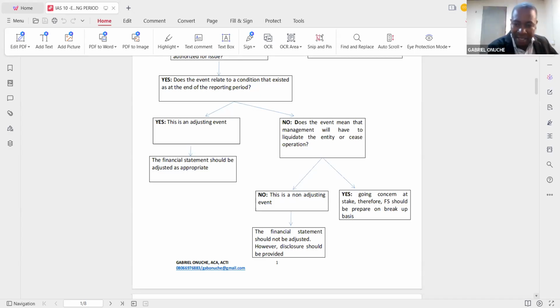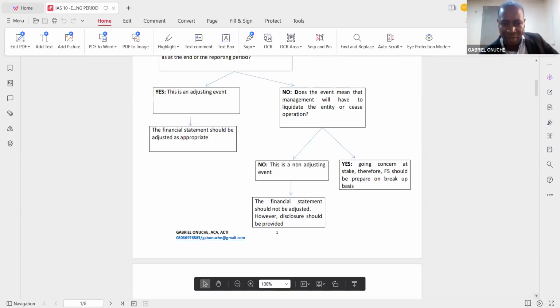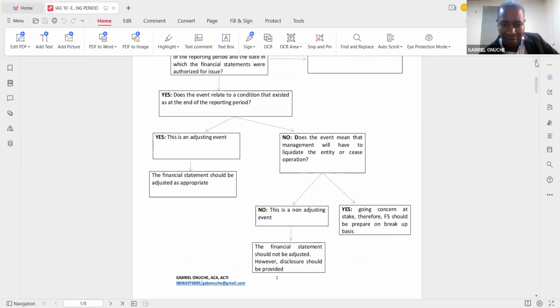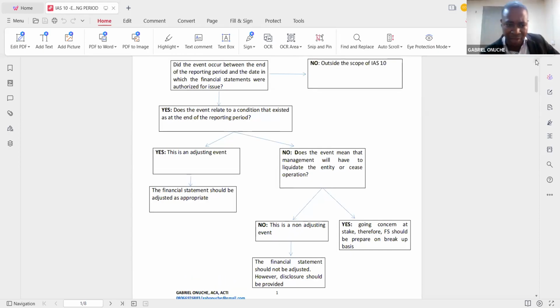And the appropriate basis, to the best of my knowledge, is the breakup basis. So these are the pertinent questions that overview I put up in a diagrammatical form for us to understand IAS 10 better. Any question on this before we proceed?